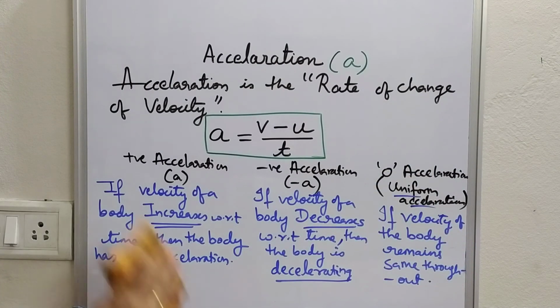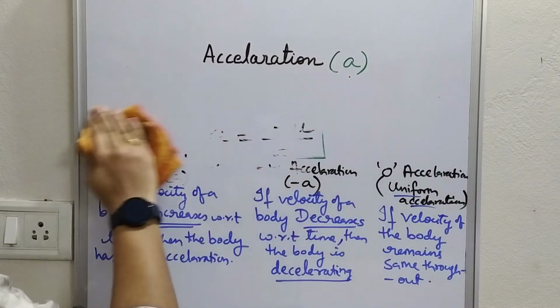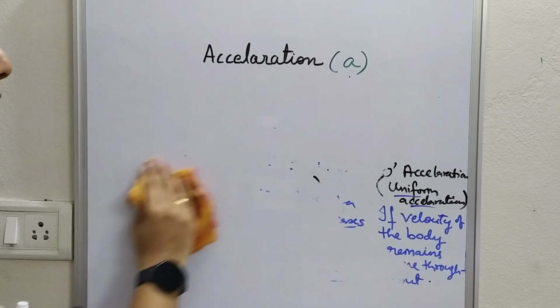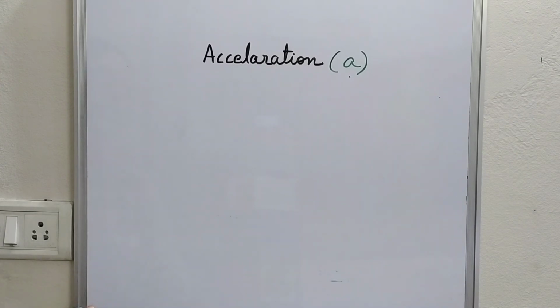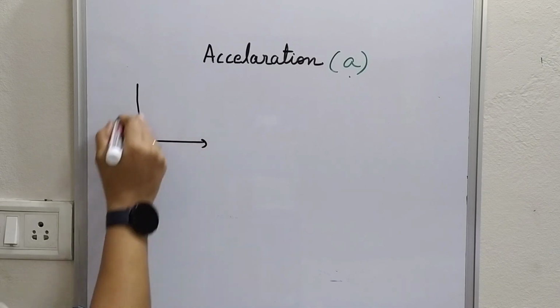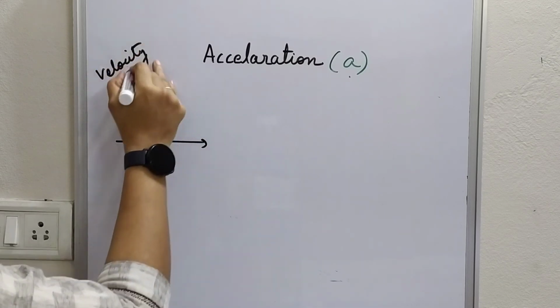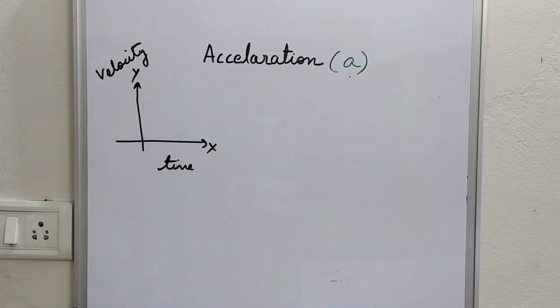Then we have to learn something related to graphs on acceleration. How to find acceleration graphically. To find acceleration graphically, we need a graph between velocity along the y-axis and time along the x-axis.